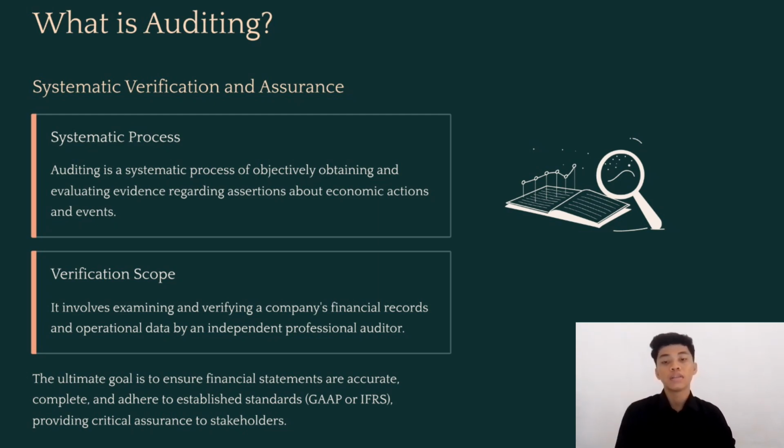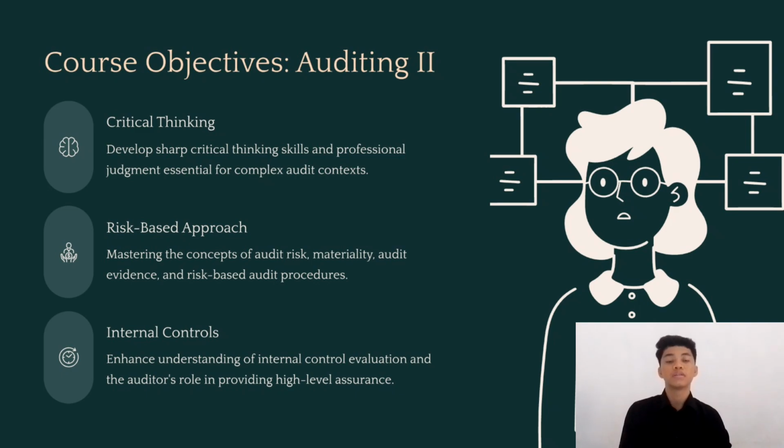The next slide is the course objectives in Auditing 2. Number one, critical thinking; second, risk-based approach; and the last, internal control. In critical thinking, we sharpen critical thinking skills and professional judgment essential for a complex audit context.